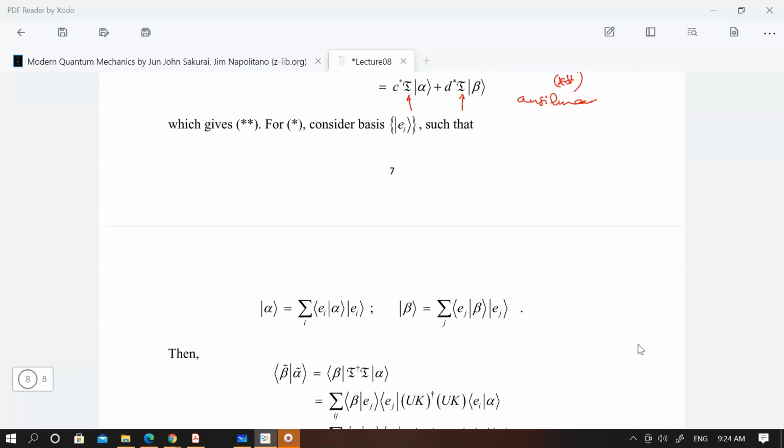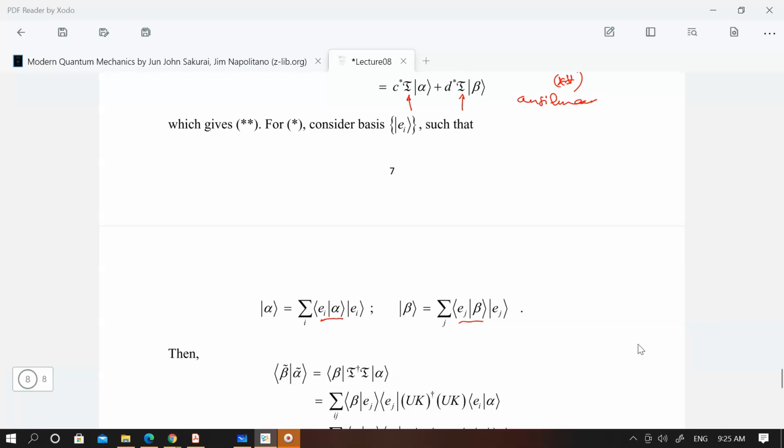This one is slightly different from the one in the book, but sometimes the book does things in a more complicated way, so I'm just going to simplify this. I'm going to assume a basis, and the basis will work for both alpha and beta. So this is just the expansion coefficient for alpha and the expansion coefficient for beta, multiplied by the basis.